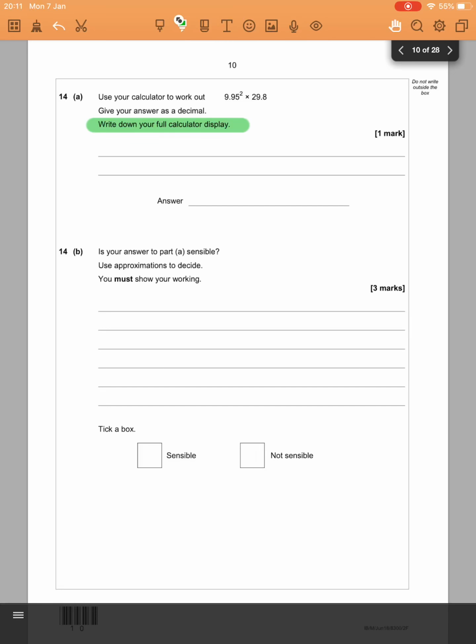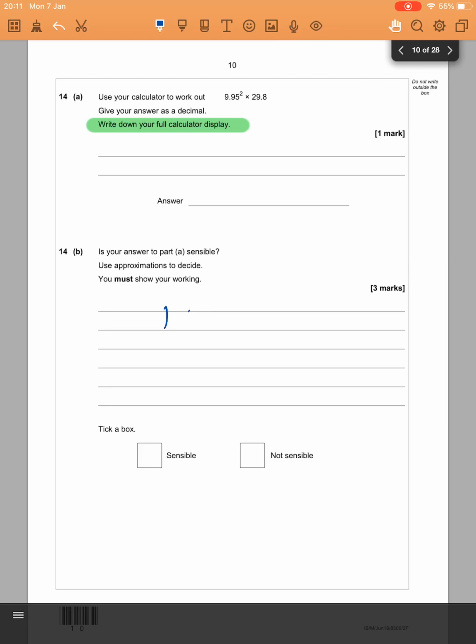Is your answer to part A sensible? Use approximations to decide. So this is about estimating. So you need to decide what you're going to round 9.95 squared to, to find a rough answer. So we round these to one significant figure. So 9.95 would round to 10.